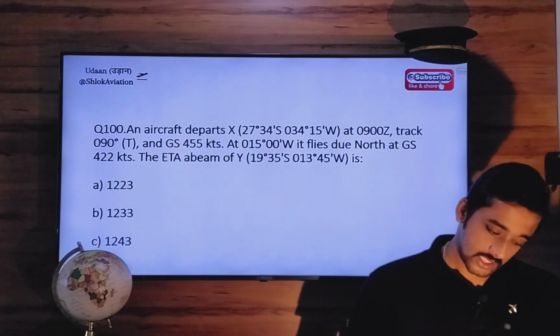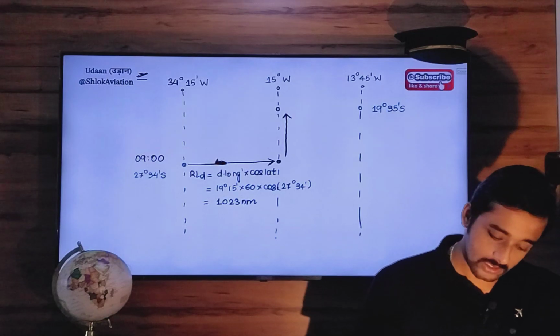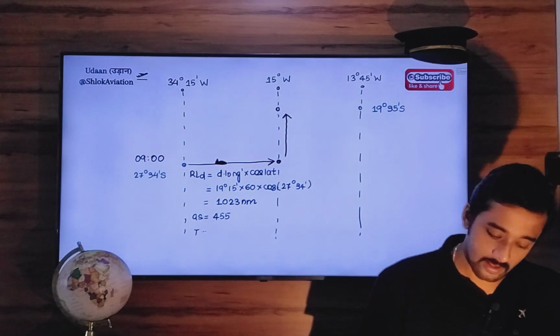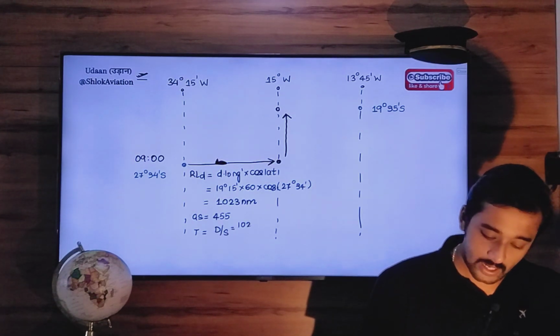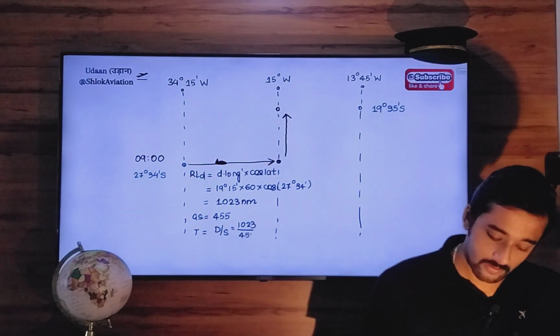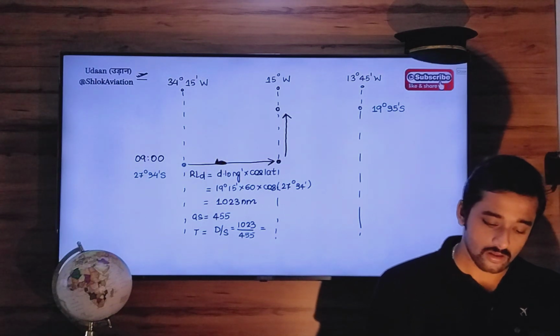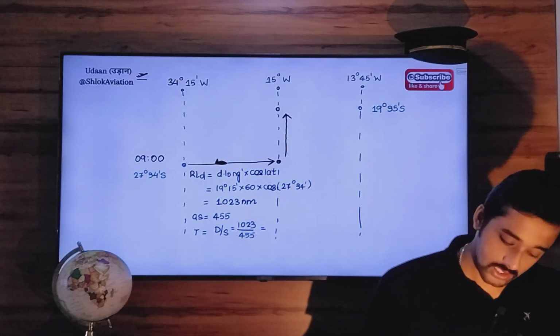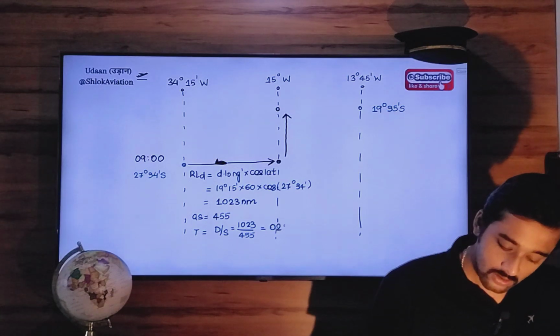The ground speed of this aircraft is 455 knots. So the time taken will be distance divided by speed: 1023 divided by 455, which is 2 hours 14 minutes.